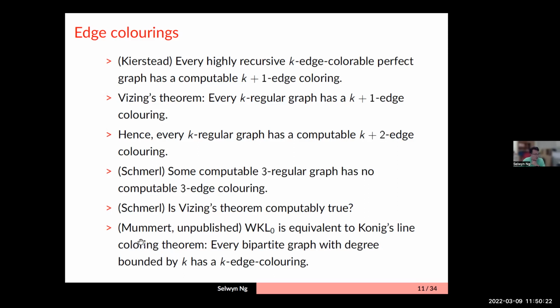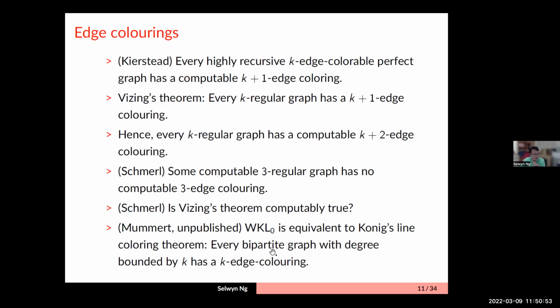And also I want to mention a related work of Hirst, who actually shows that WKL is equivalent to what is known as Konig's line coloring theorem or Konig's edge coloring theorem, which has a similar flavor to the statements that we've been discussing. If you assume that you have a bipartite graph, then you can always have a k edge coloring where k is a bound on the degree of the graph.